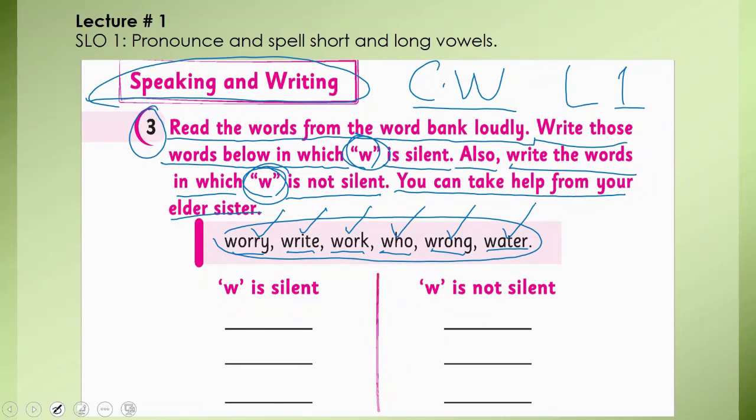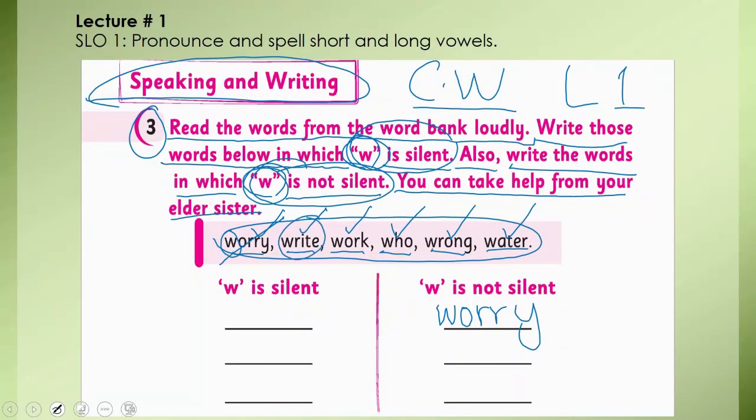We have to select words where the w is silent and where the w is not silent. Worry. I get very worried. So, w is not silent here. So, cross out the word worry, you are done.